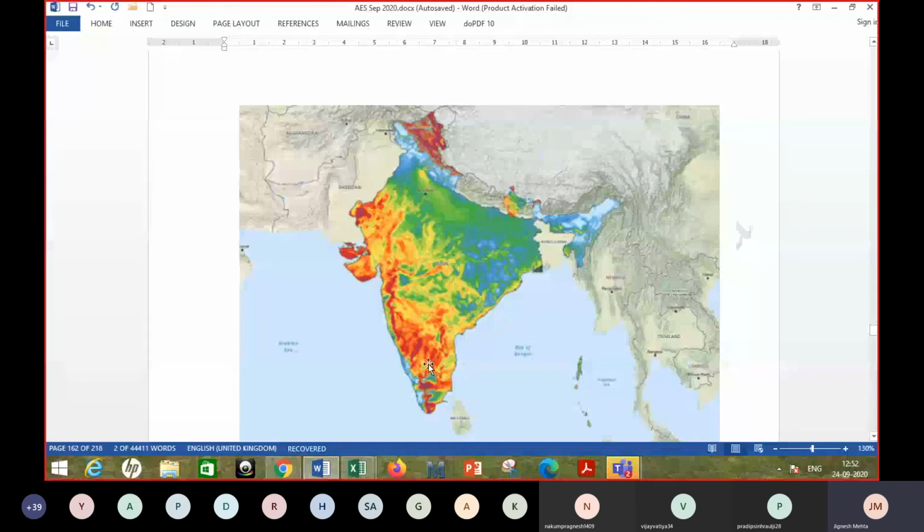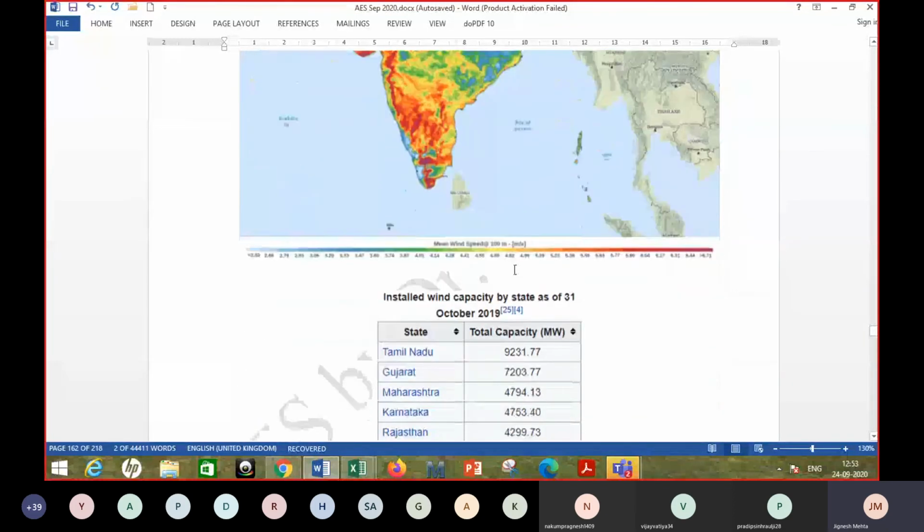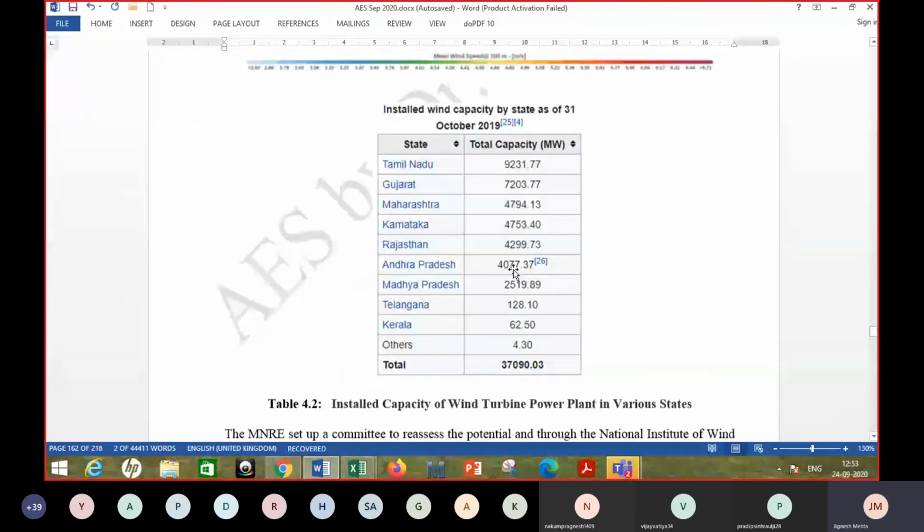So obviously you can see Tamil Nadu, then Gujarat, Rajasthan. Of course, in this region it may be difficult to develop infrastructure, but otherwise they are also potentially good. So those are the places where you can expect wind power generation growth to be good.